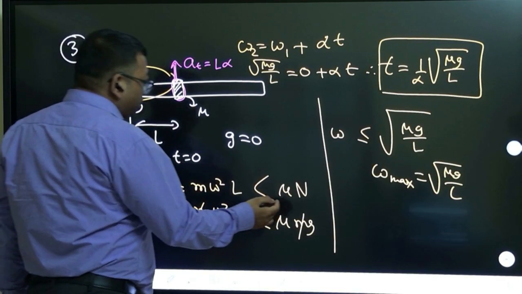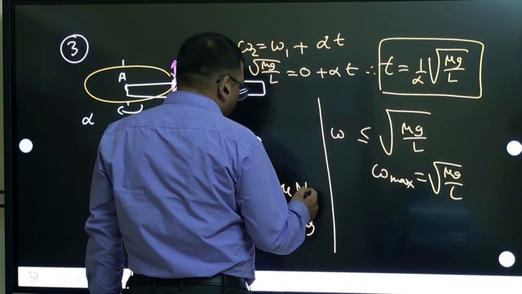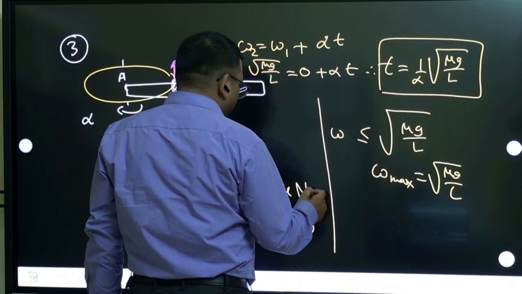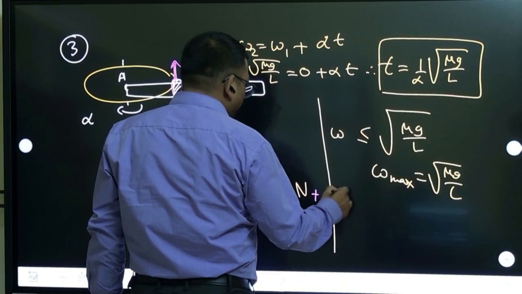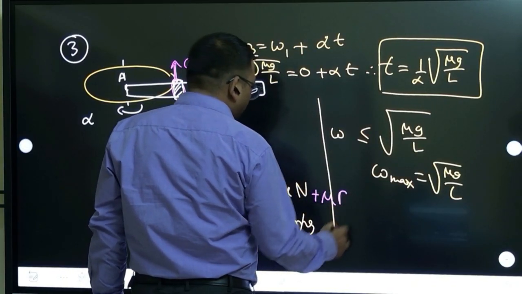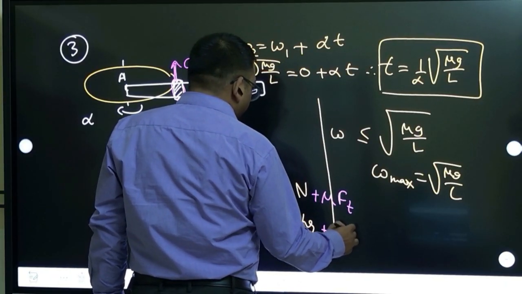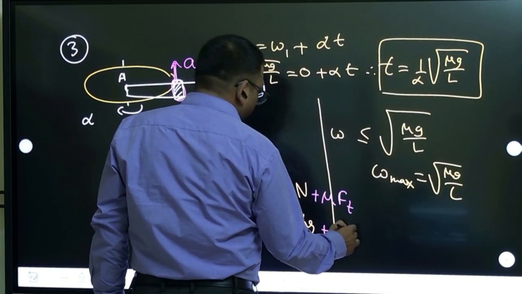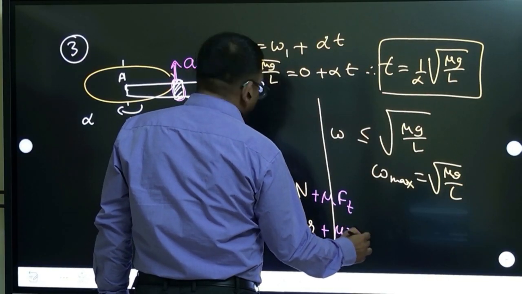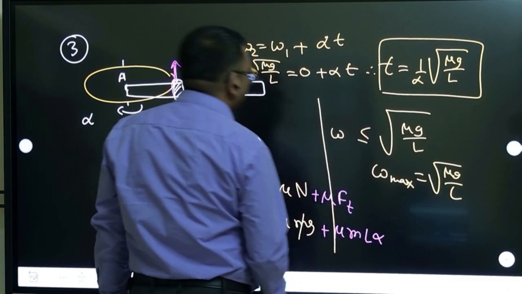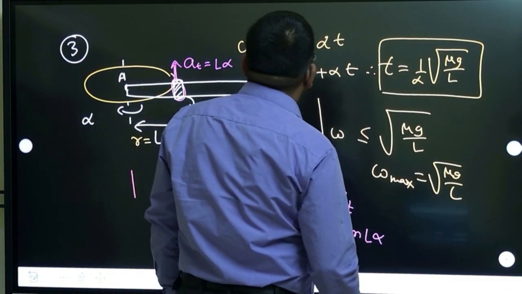So maybe here we need to add mu times normal. This effect we can neglect, but mu times that tangential force we have to add here. Tangential force means mass into tangential acceleration, which is L alpha. Maybe this. Let us try this.